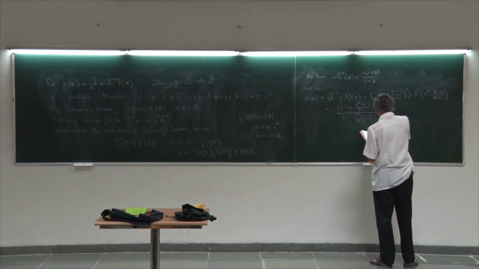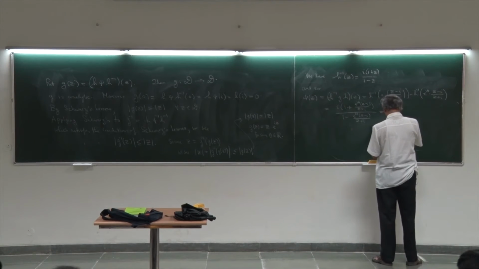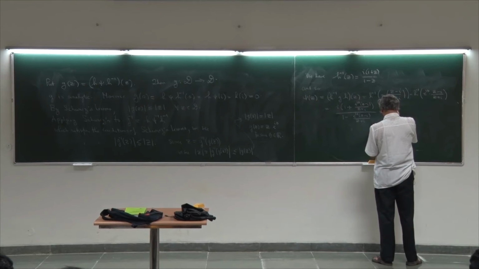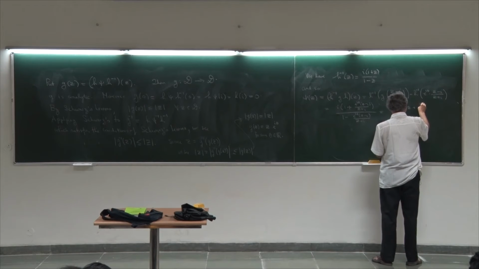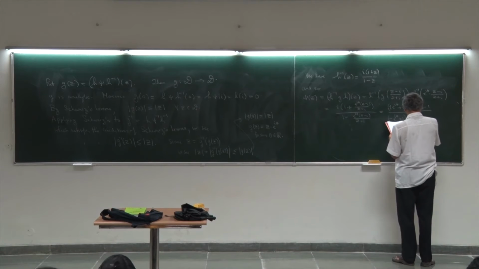And when you work it all out, I'll leave the messy details to you to check. You end up getting i e to the i theta plus i times z plus e to the i theta minus 1, divided by minus e to the i theta plus 1 plus i e to the i theta plus 1.